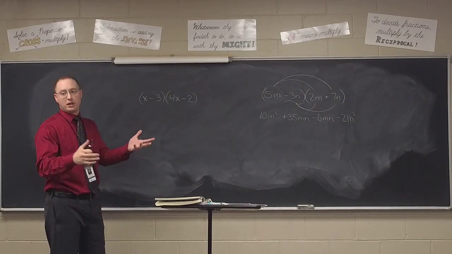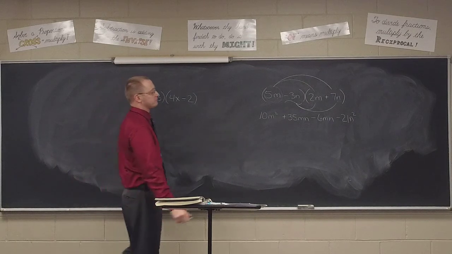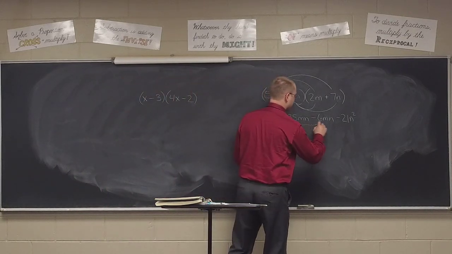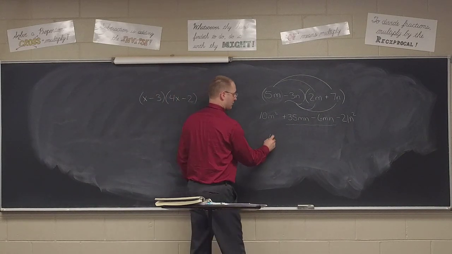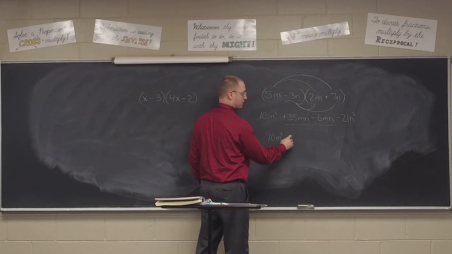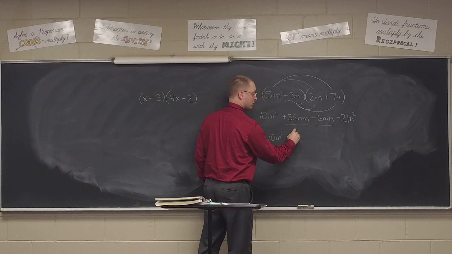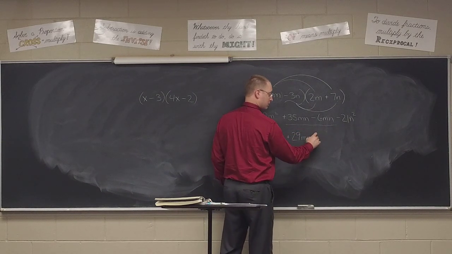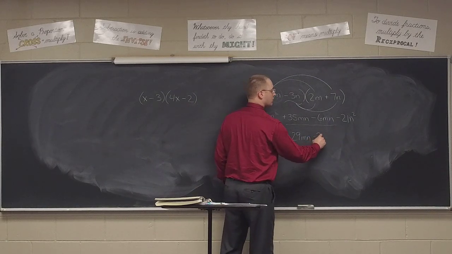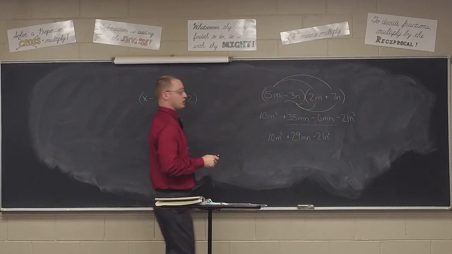Is there anything that can combine? Yeah, the outer and the inner, the middle two terms combined together. What should our final answer be? 10m squared positive 29mn and negative 21n squared. There we go. That should have been our answer.